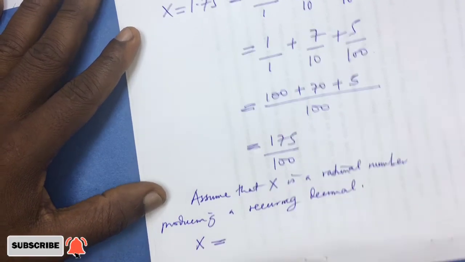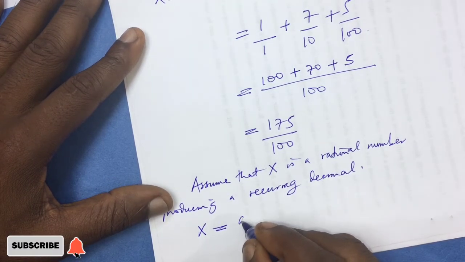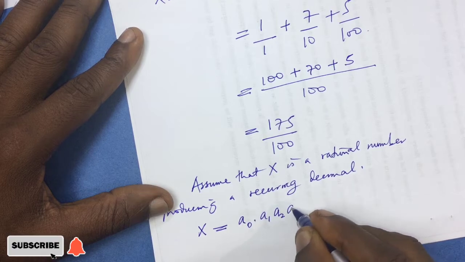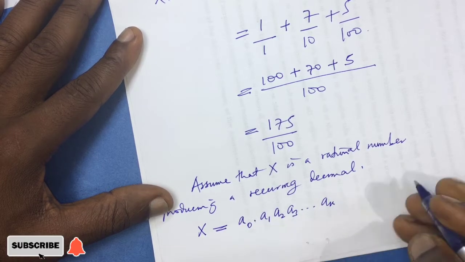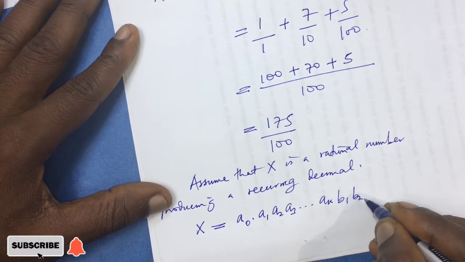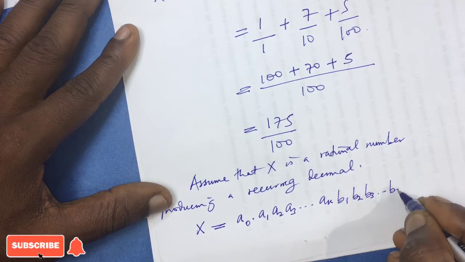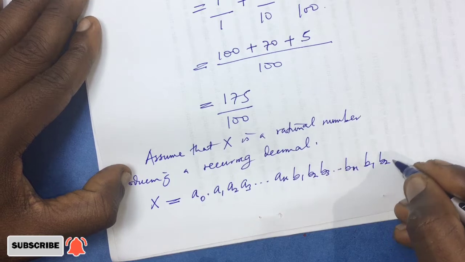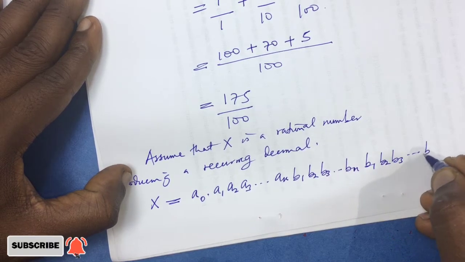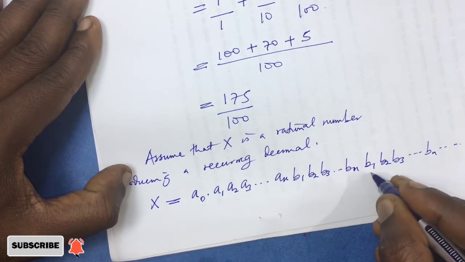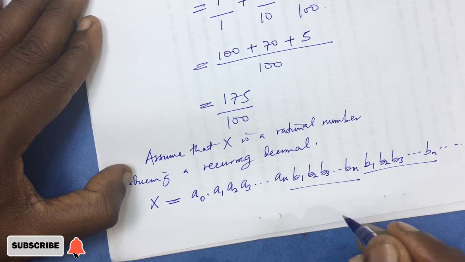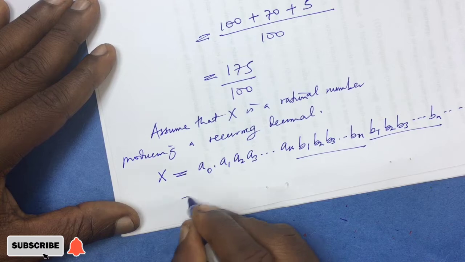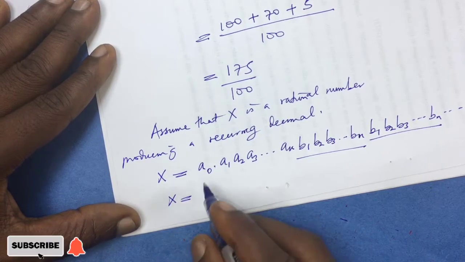You can write this as x equals A0.A1, A2, A3 up to AK, remember, and B1, B2, B3 up to BN. It keeps repeating B1, B2, B3 up to BN, and it keeps on repeating in these blocks of B's. Okay, now you can also convert this. How do you convert this back to the fraction that gave rise to this decimal?